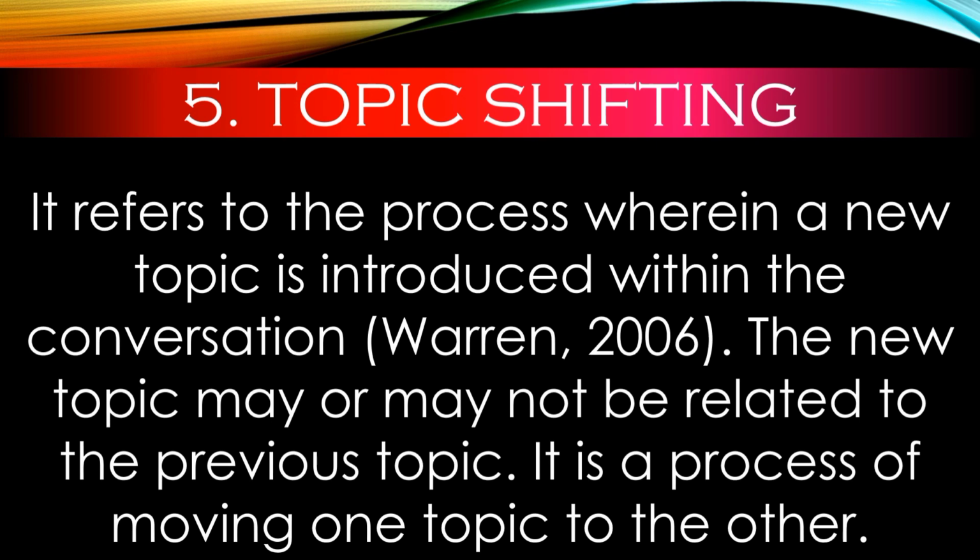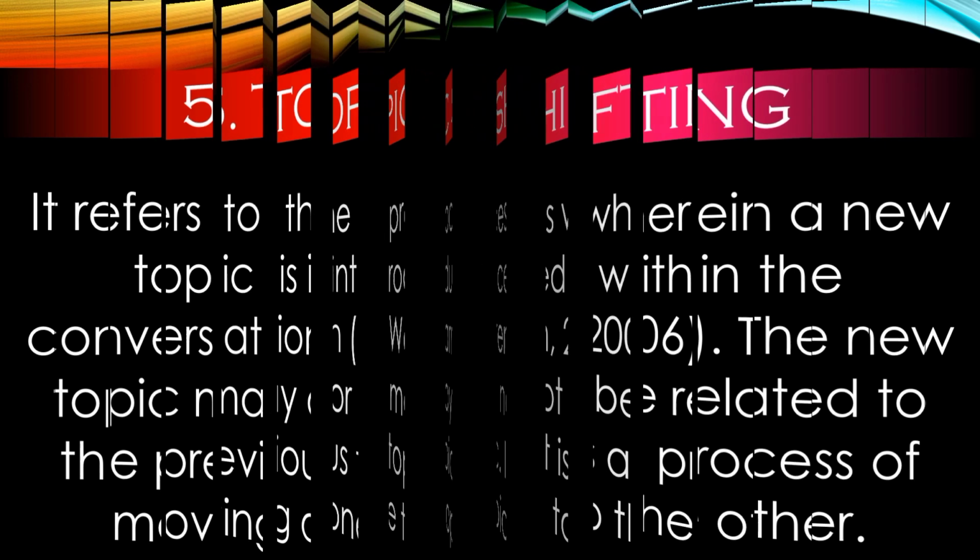The next strategy is topic shifting. It refers to the process wherein a new topic is introduced within the conversation. The new topic may or may not be related to the previous topic. It is a process of moving from one topic to the other. In other words, it is where one part of a conversation ends and another begins.